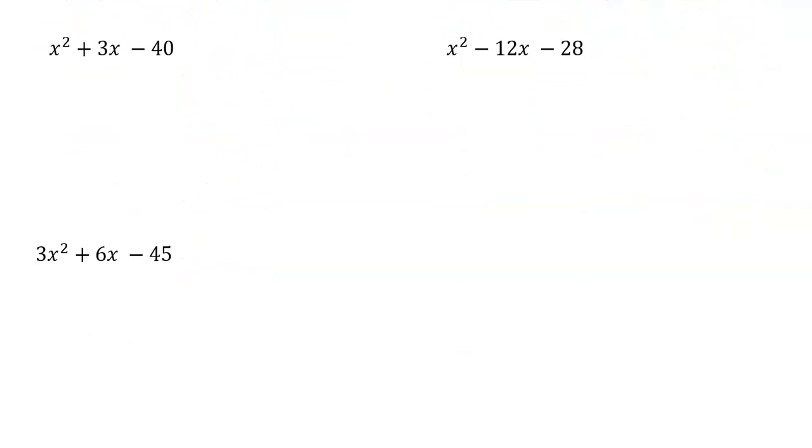For this next one, we have x squared plus 3x minus 40. So to get x squared, we do x times x. Now we need to multiply and give us -40. So -1 times 40, that would give us 39.